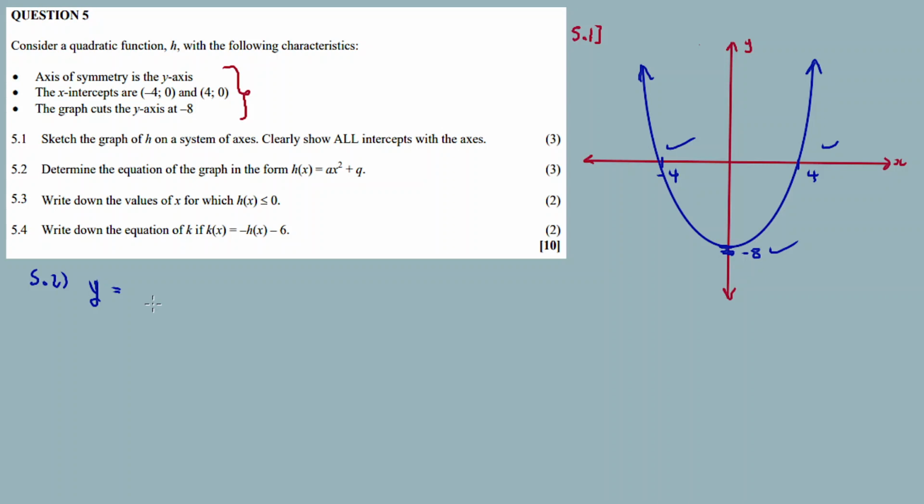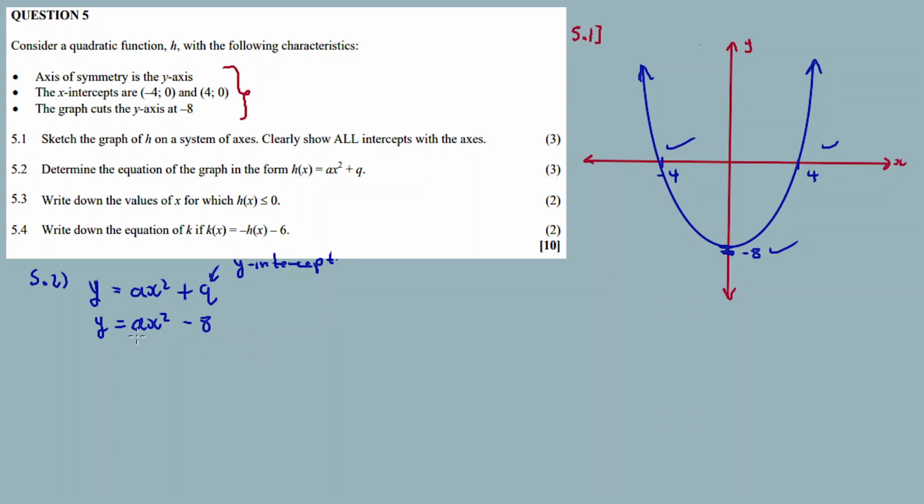They gave us the x-intercepts as well as the y-intercept. I know that q is always the y-intercept. So let's write -8. So this is y equal to ax squared minus 8.